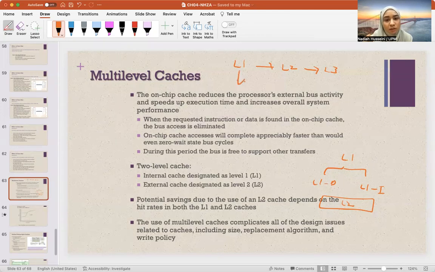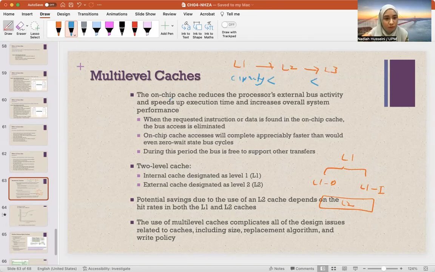L1 was the smallest in capacity, and then L2 and L3 are bigger in capacity. And in terms of access time, the L1 would be the fastest, L2 would be faster, and L3 would be the slowest based on their size.